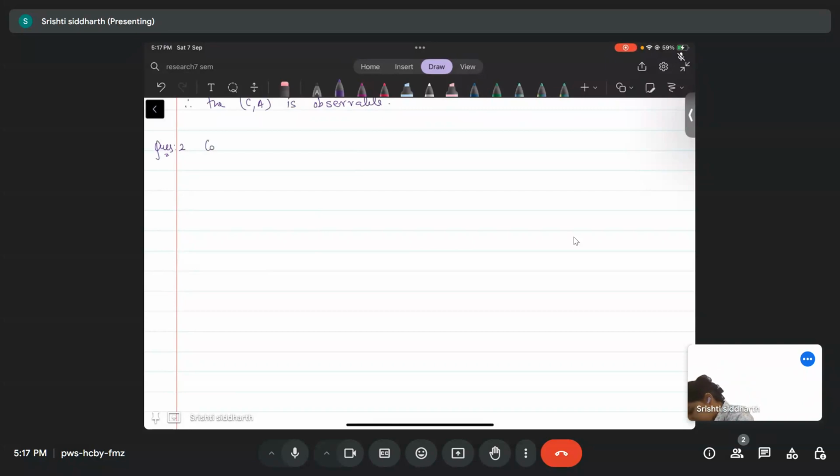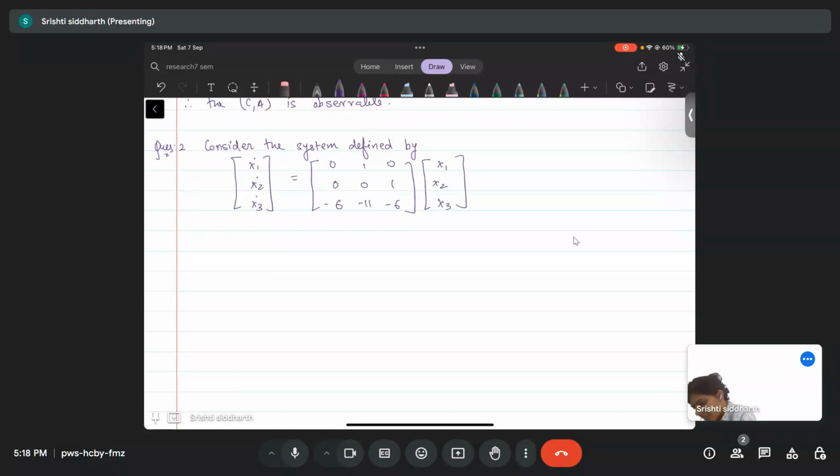Consider the system defined by a third order system, where the A matrix is in controllable canonical form, with x1, x2, x3 plus 0, 0, 1 times u.